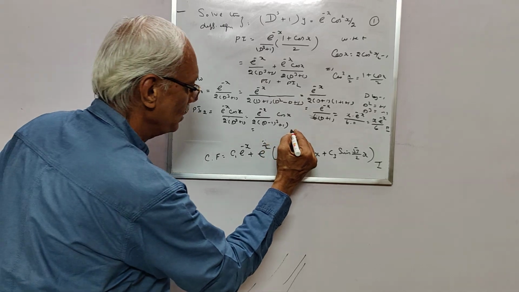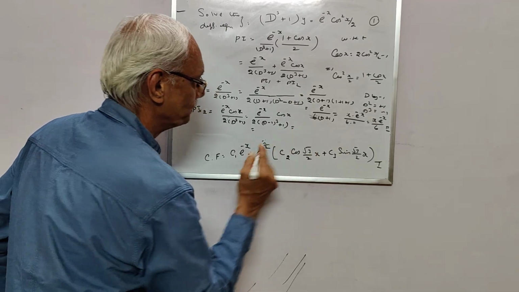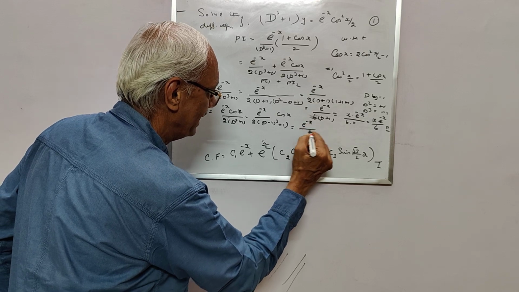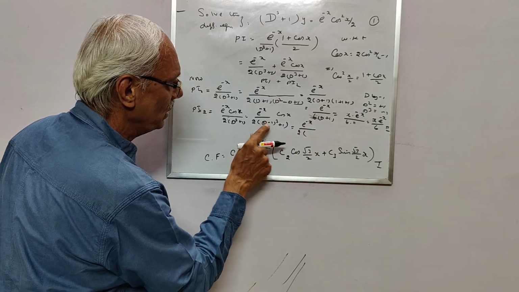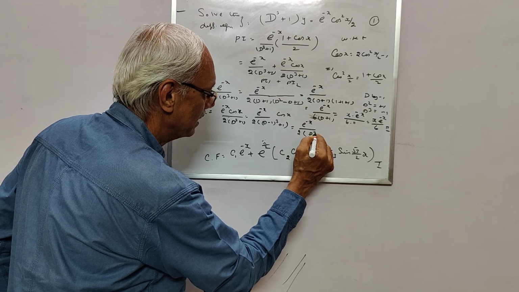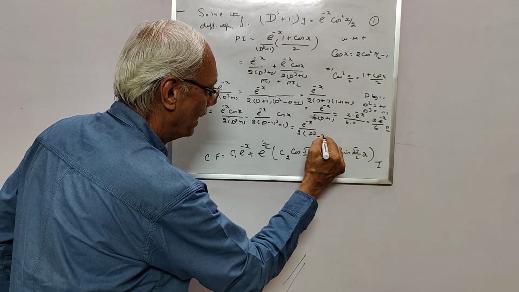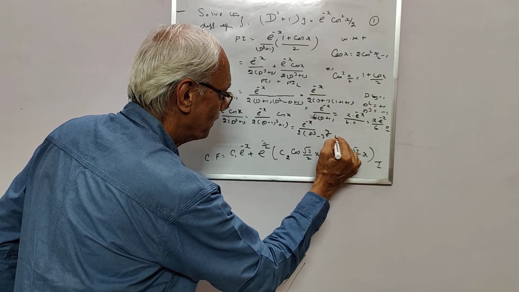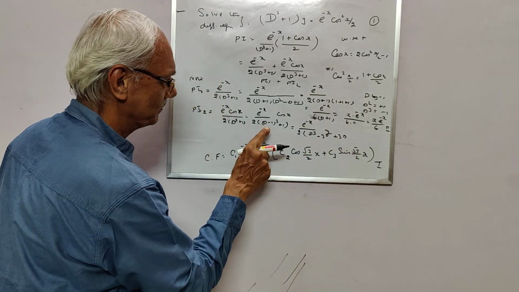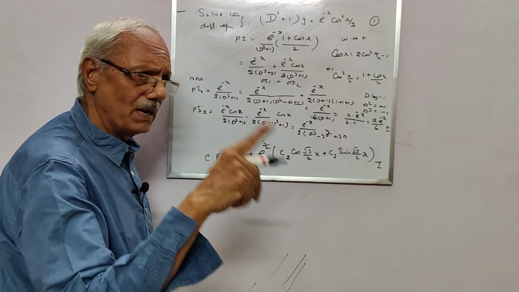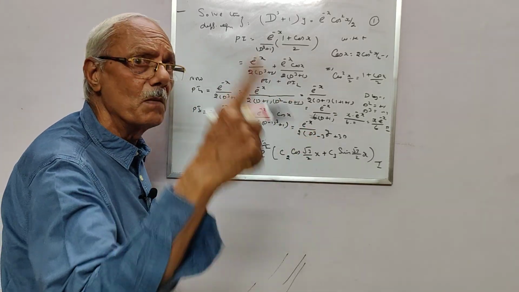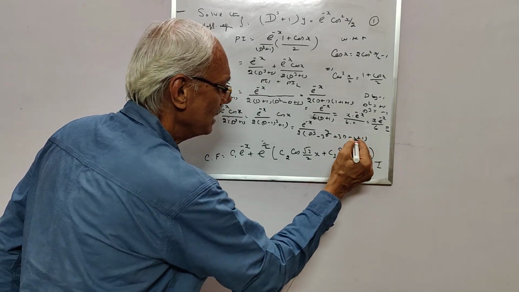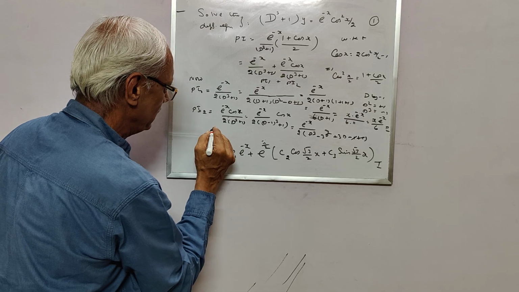Now what do you get here? e to the power of minus x divided by 2 into, if we expand this, d cubed minus 3d squared plus 3d minus 1 plus 1. These two get cancelled.